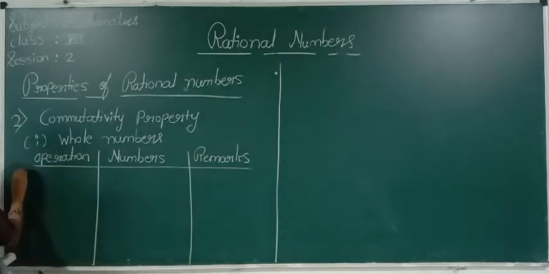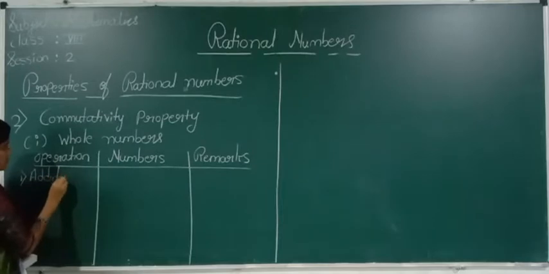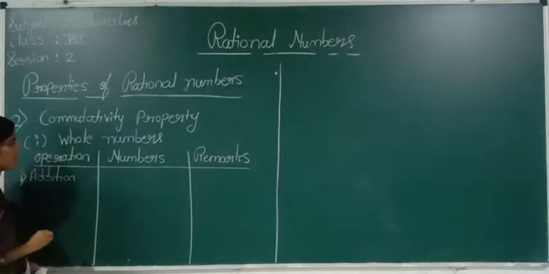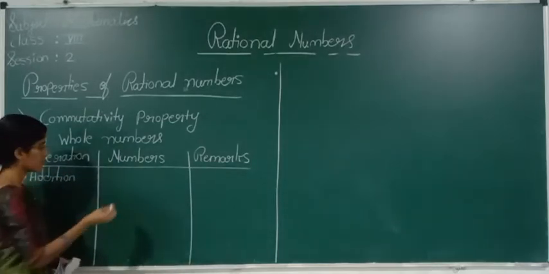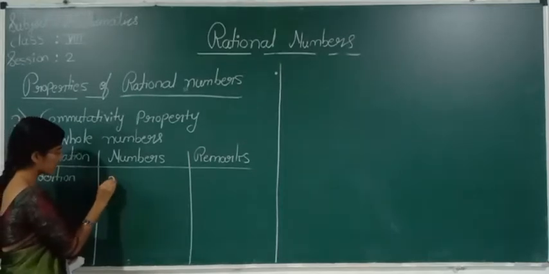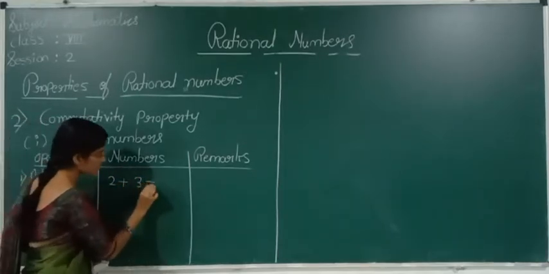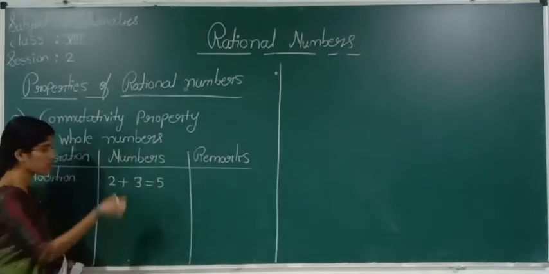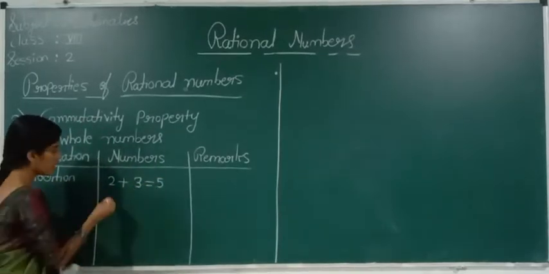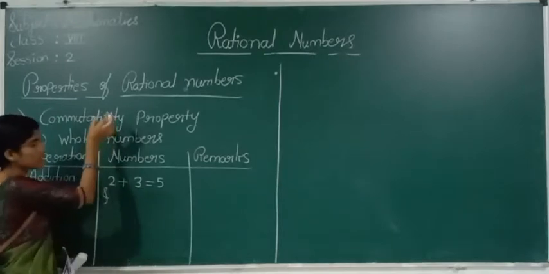So the first operation we will perform is addition. See here, if I take two whole numbers 2 and 3, 2 plus 3 is 5, right? Now we are checking for commutativity property.